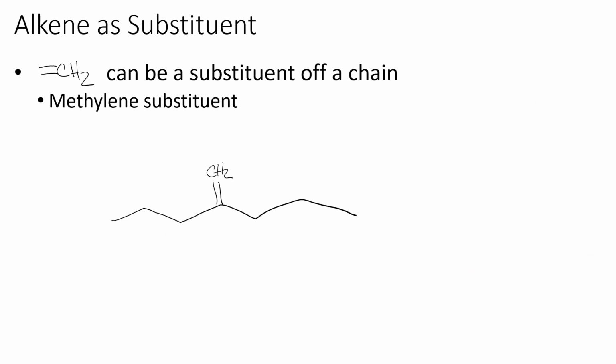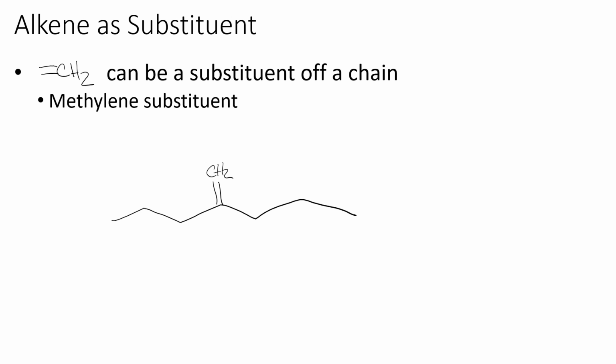We are also going to see this alkene as a substituent if it is just the CH2 unit coming off of the parent chain. So you do want to watch for that. We name it as a methylene substituent. So if I have this structure here, you see it's just a CH2 coming off, which would very much shorten my parent chain if I included it as part of the parent chain.